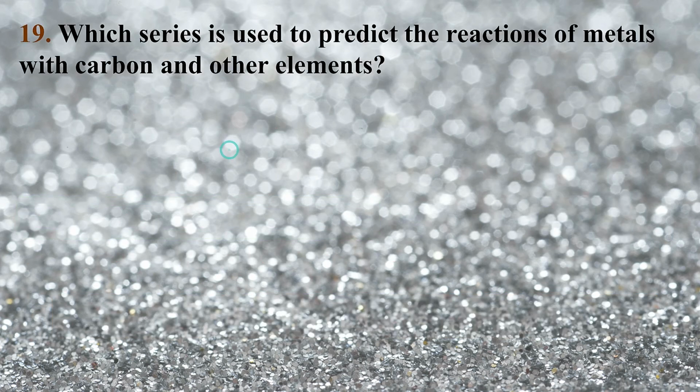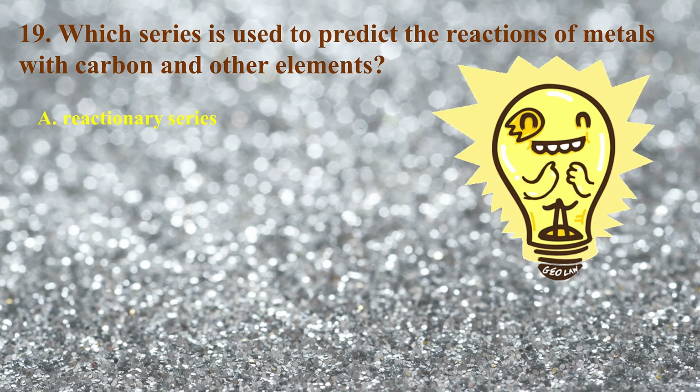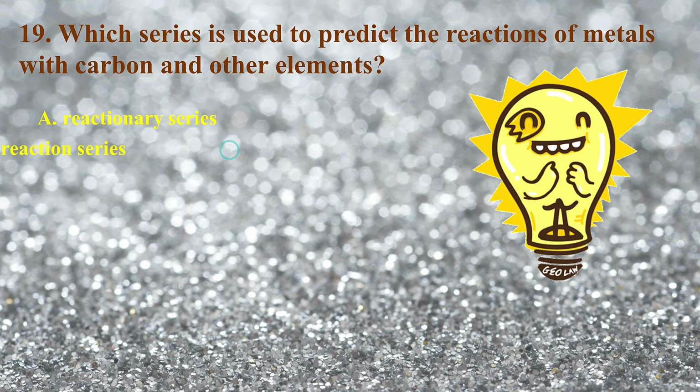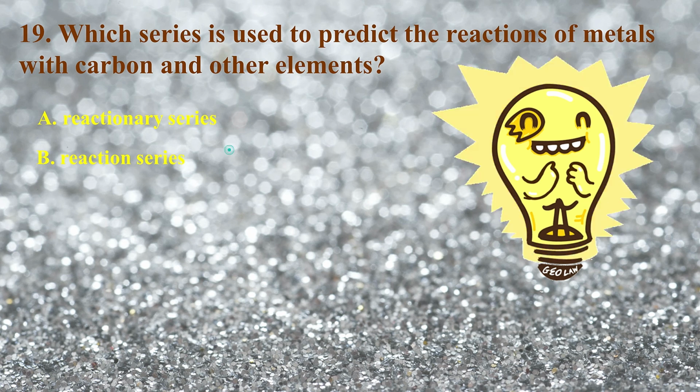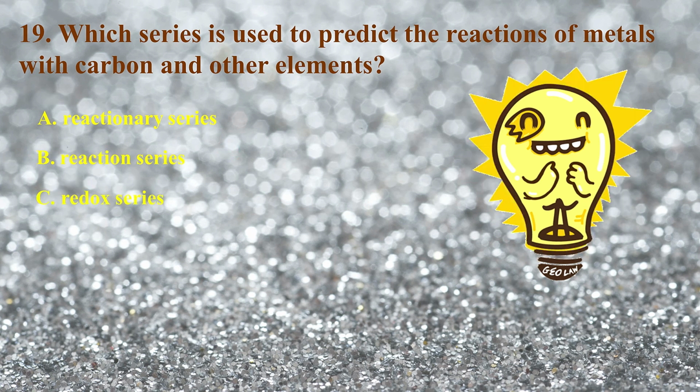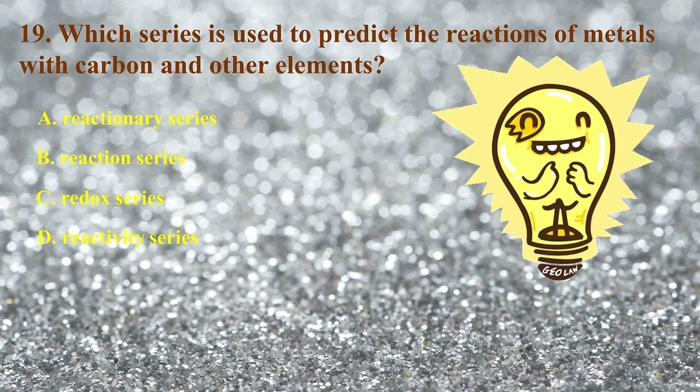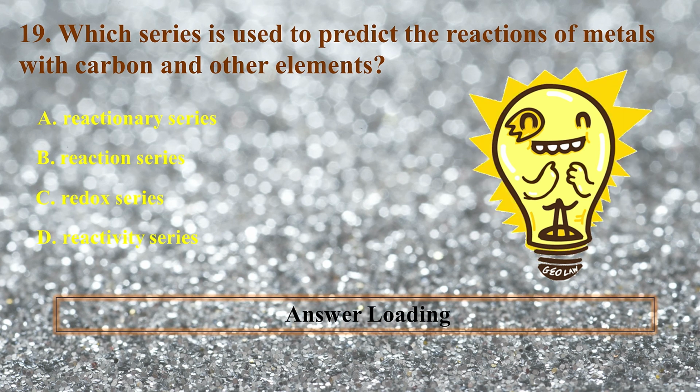Next question is, which series is used to predict the reactions of metals with carbon or other elements? And options are A, reactionary series, B, reaction series, C, redox series, and D, reactivity series. Your time starts now.